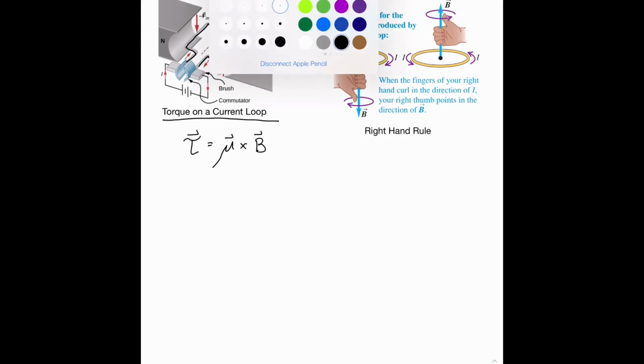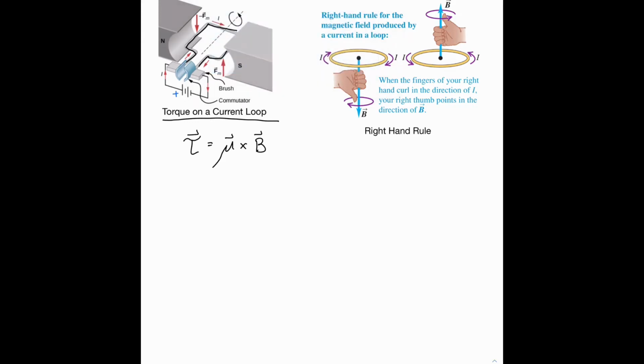Let's see, if the positive terminal and negative terminal are as indicated in this DC power supply, then current's going to flow in the direction of this arrow. So current is flowing, well, you can think of it as a three-dimensional drawing sort of, right? So you can think of the current as being into the page.